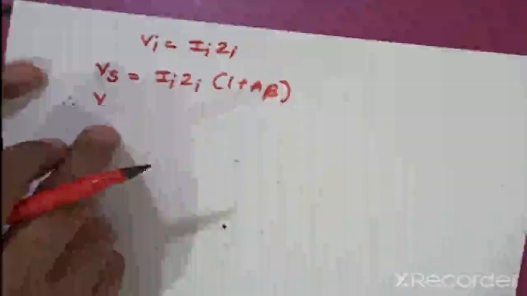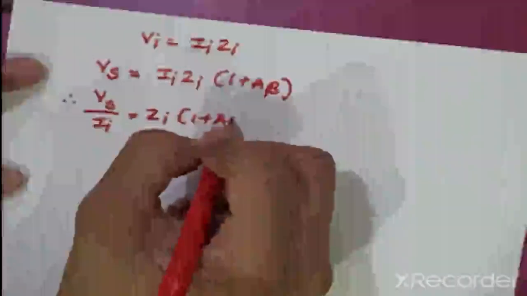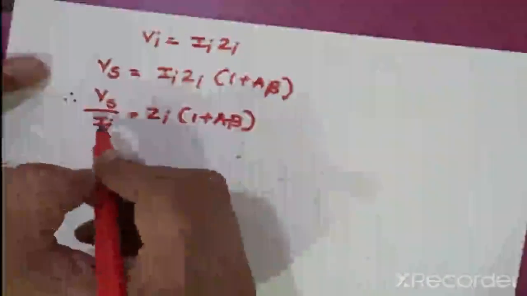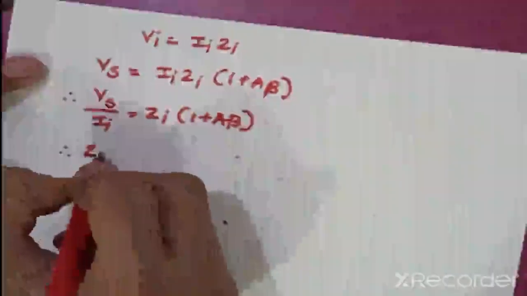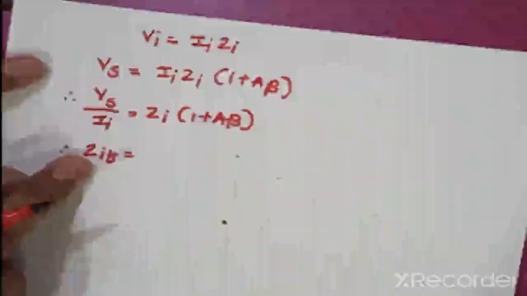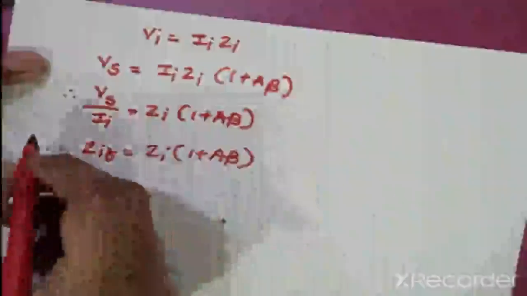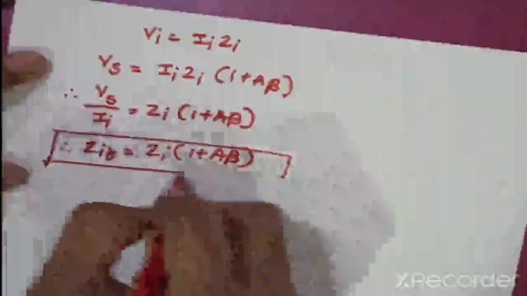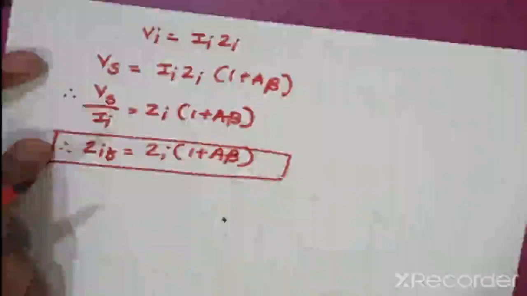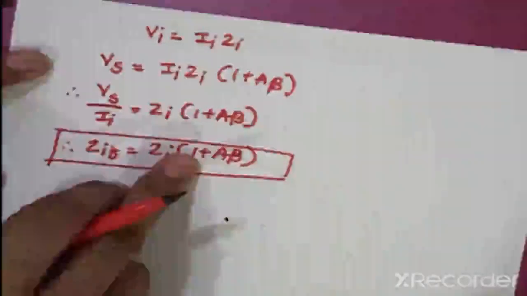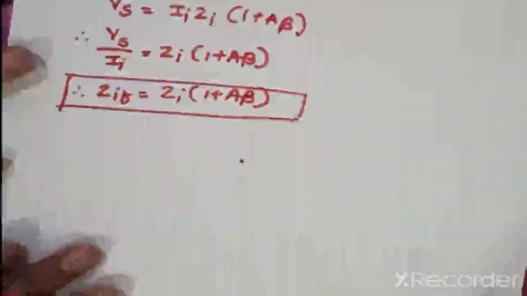We want the equation in the form of input impedance with feedback, so Vs upon Ii is equal to Zi into 1 plus A beta. This is the input impedance with feedback. So we write Zif, the input impedance with feedback, is equal to Zi into 1 plus A beta. This is our final equation, and it shows that current series feedback increases the input impedance by a factor of 1 plus A beta. So this is about input impedance.